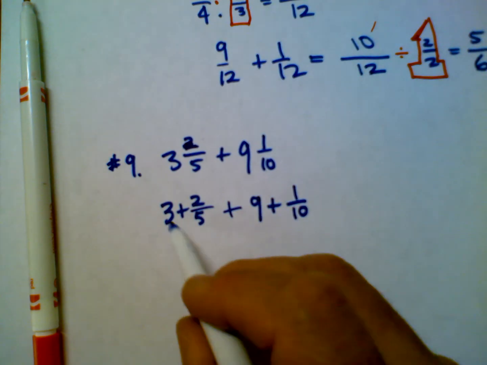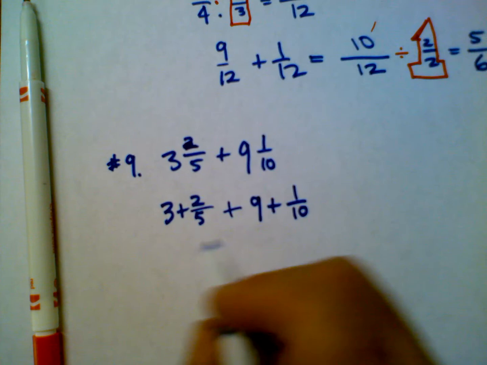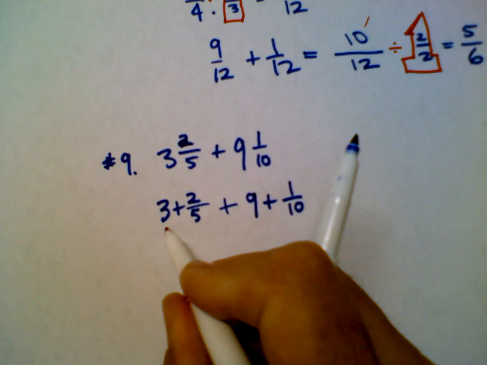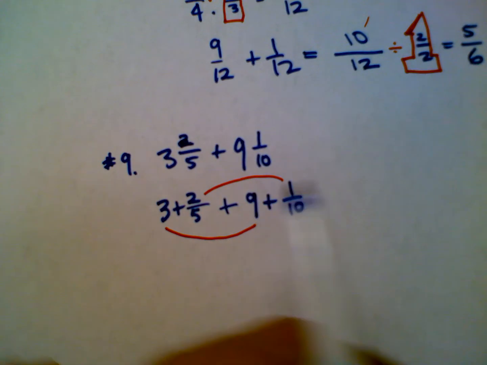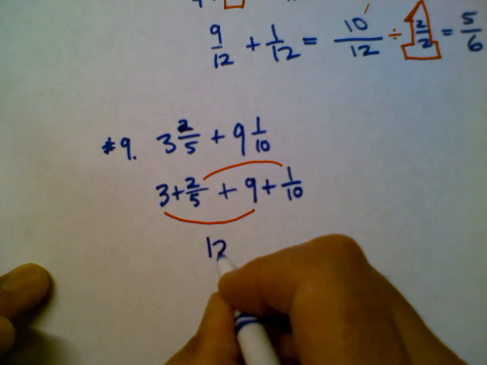And we know that addition is commutative and associative, so I can move around and add the whole numbers separately from the fractions. The whole numbers in this case would be 3 plus 9 is 12.